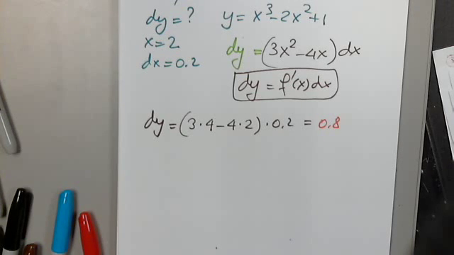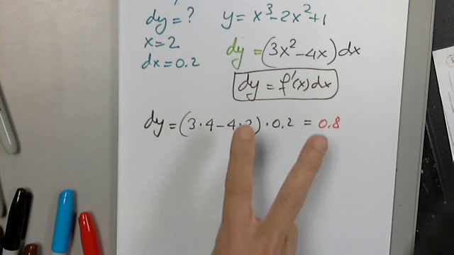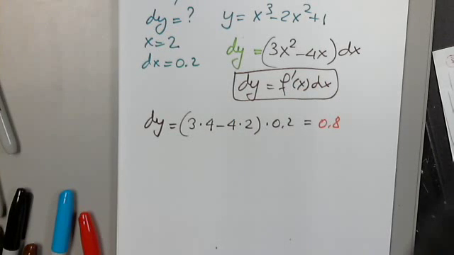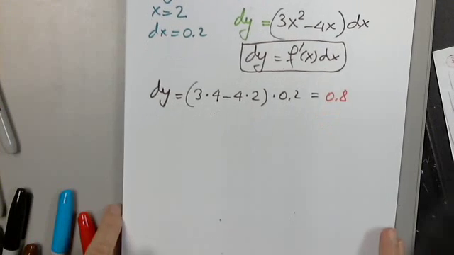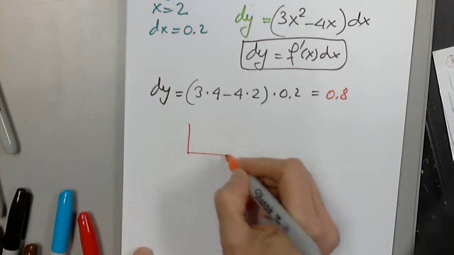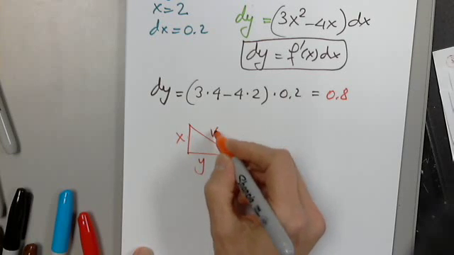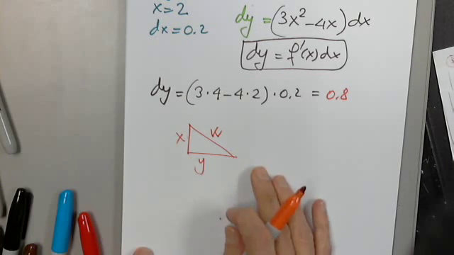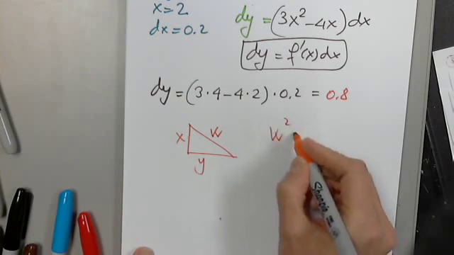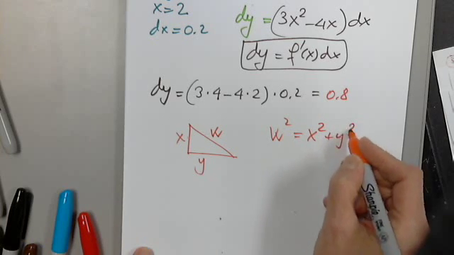And we had that situation before when y and x were functions of time. So here's an example that you probably need for that problem. So when this is x and this is y and this is w, and they all are functions of time, then we have w equals x squared plus y squared.